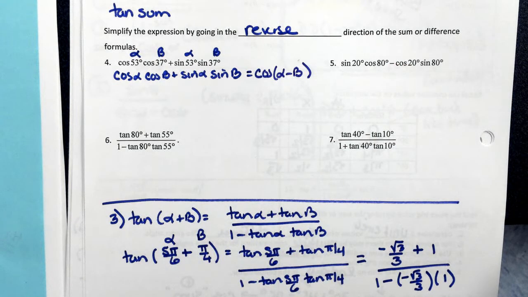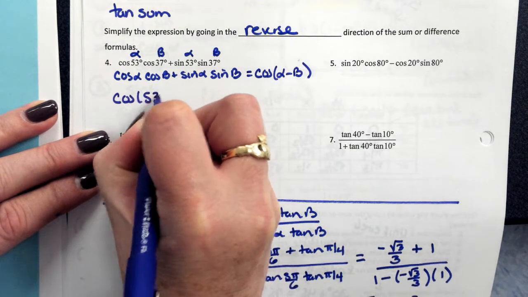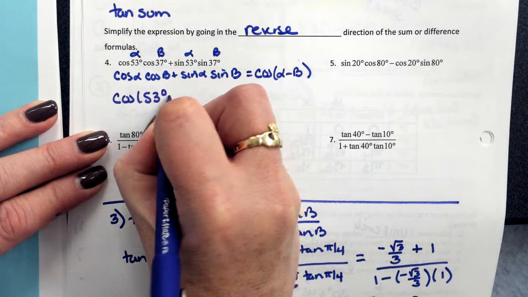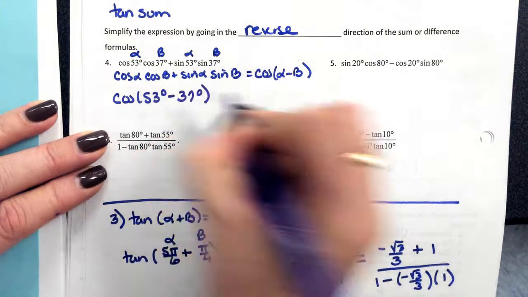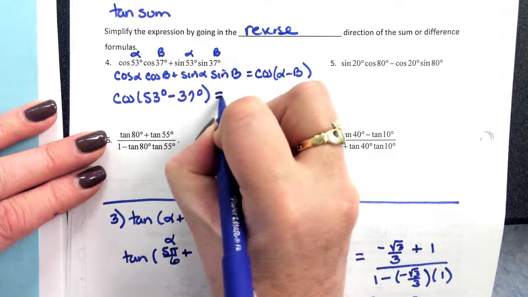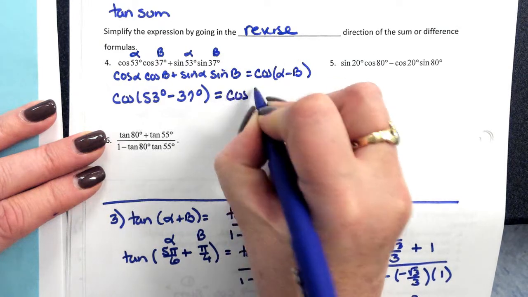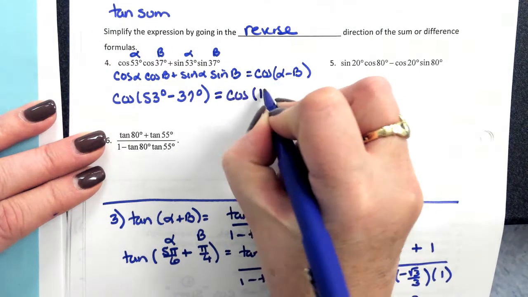So now what I can do is plug in that 53 degrees for alpha minus 37 degrees for beta. And we can simplify it. So 53 minus 37 is going to give us the cosine of 16 degrees.